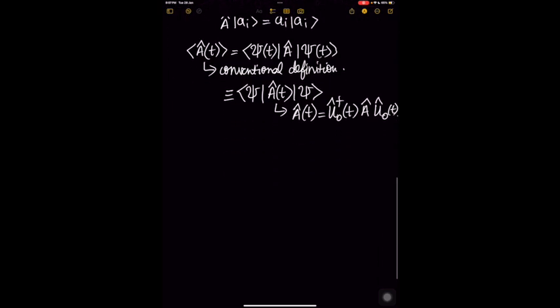So this time evolution operator is just the evolution operator with respect to the time independent Hamiltonian H0, which is just exponential of minus i upon h bar H0 t, and then plus i upon h bar H0 t for its conjugate.